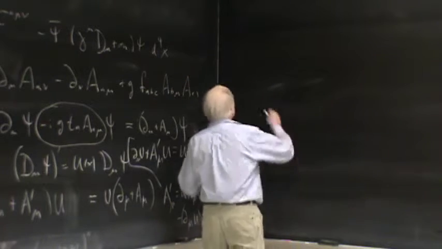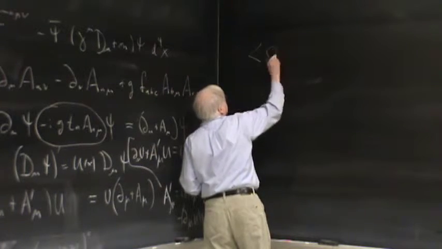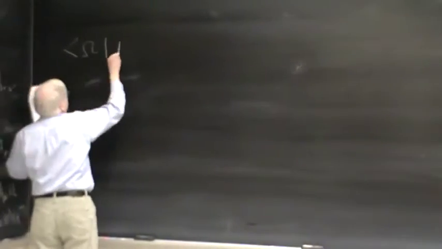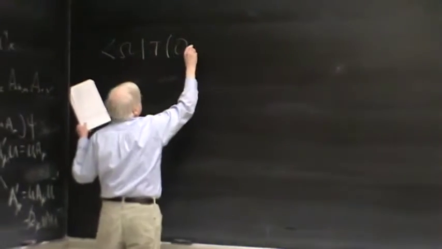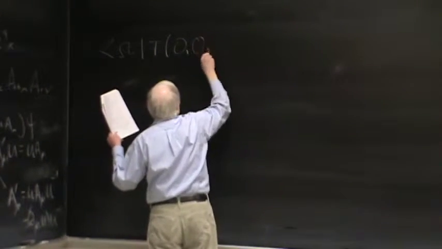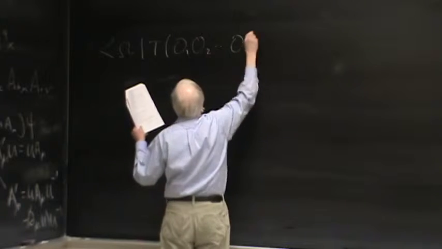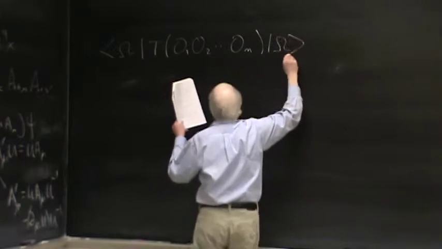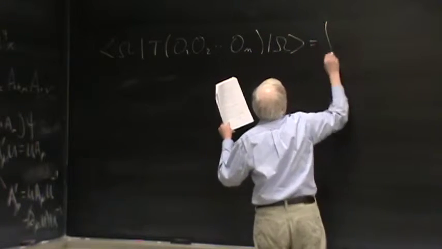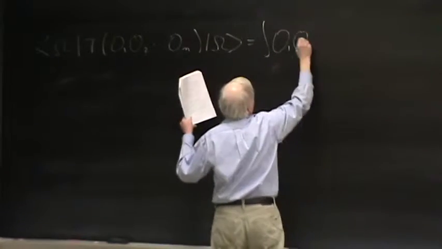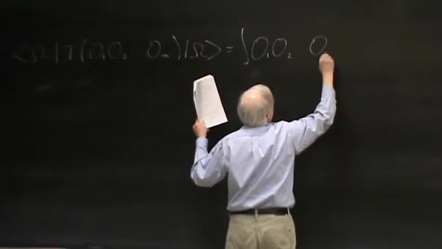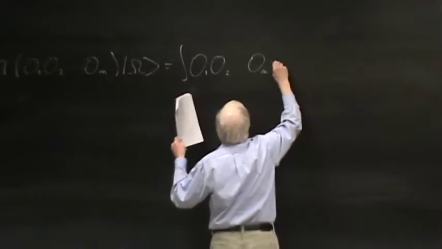And what he shows is that then the time-ordered product of some operators, and we're thinking here of gauge invariant operators, is a ratio of path integrals. So this is the thing that we've seen many times.